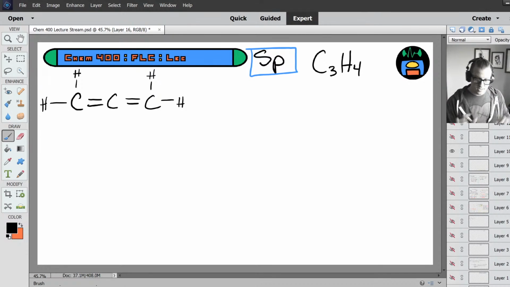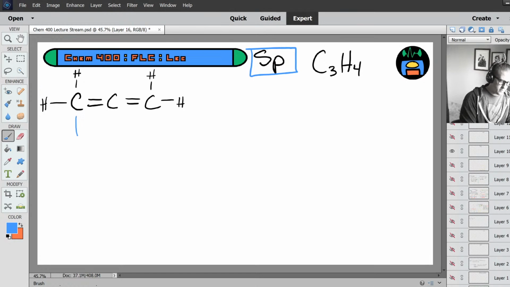All right. Now, let's stop for a minute and assign the hybridization to every carbon in this molecule.